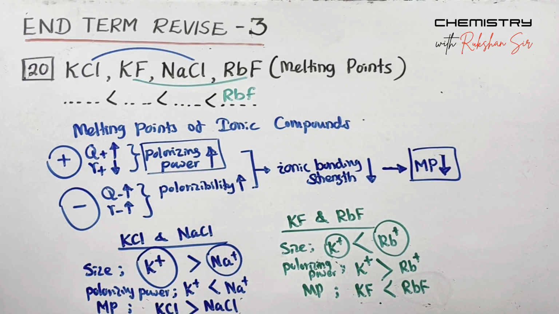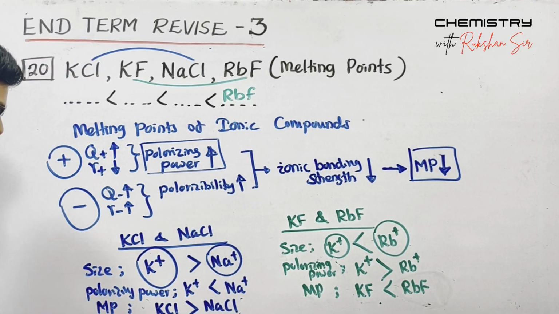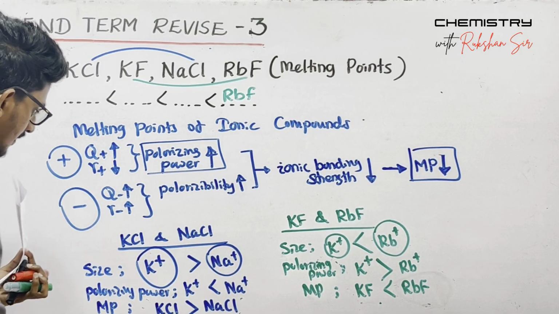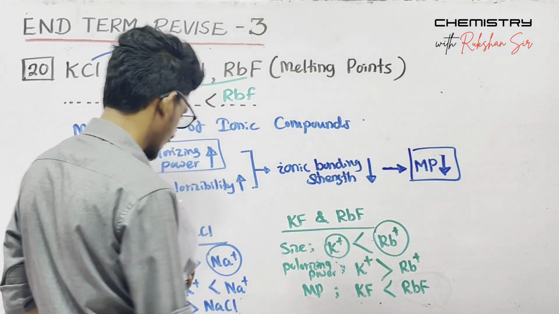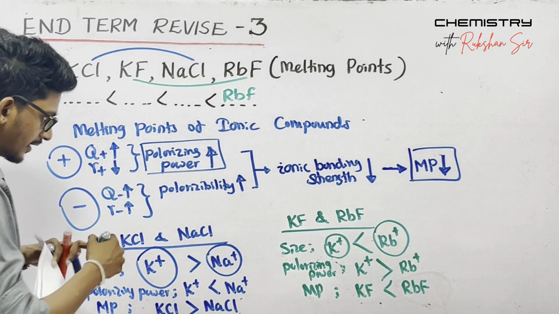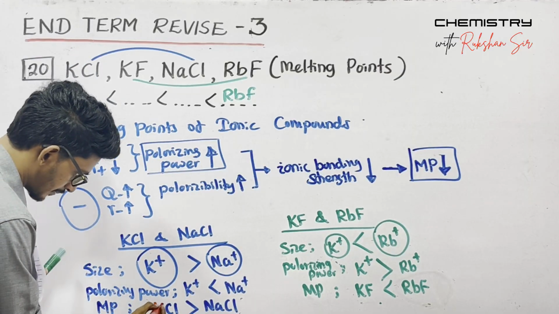Still we are unable to say which one is the greatest, no? So let's compare the highest ones here, the KCl. The two are related through the K here, no? Let's compare with this one.